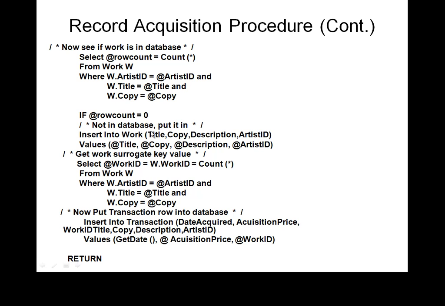If not, then insert the new information into work and get a surrogate key value, which can be done through a sequence that has been created. If you create a sequence for these surrogate keys, a range of numbers, you can bring the information from that and add the new record as needed. Then you can add the transaction for that work.